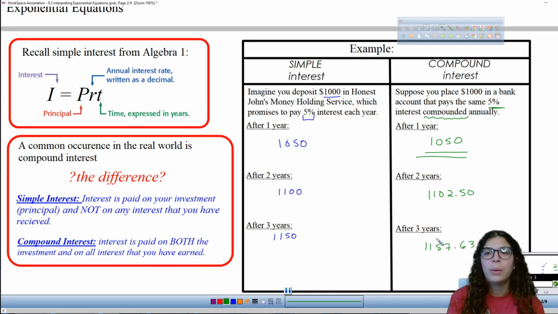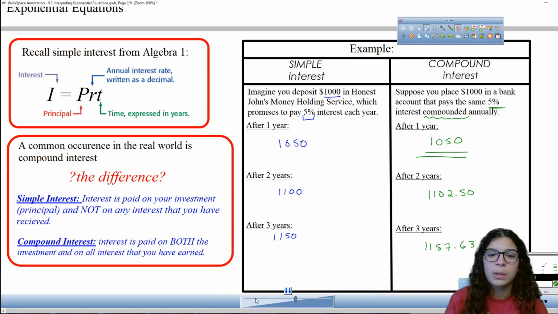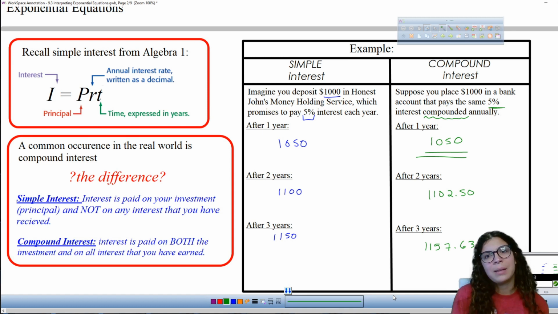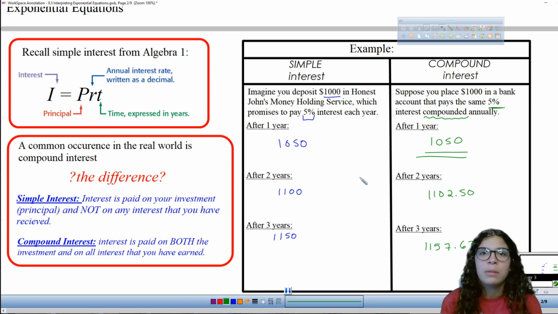Now, you might be saying, okay, well, that doesn't make a huge difference, right? We're at the end of year 3, we're at a $7 difference from before. But the important thing to note about compound interest is that the more time that passes, the quicker that money will grow. If you notice, at first we had no difference. Then we had about a $2 difference.